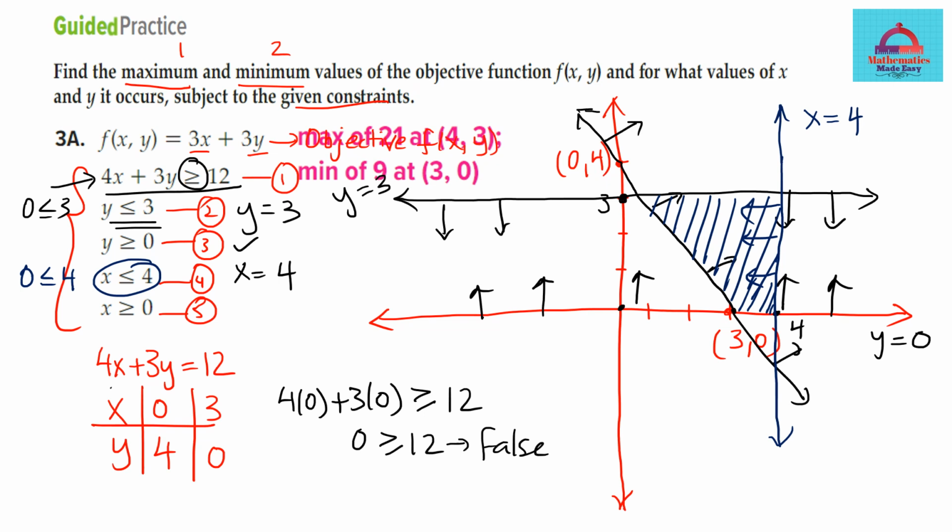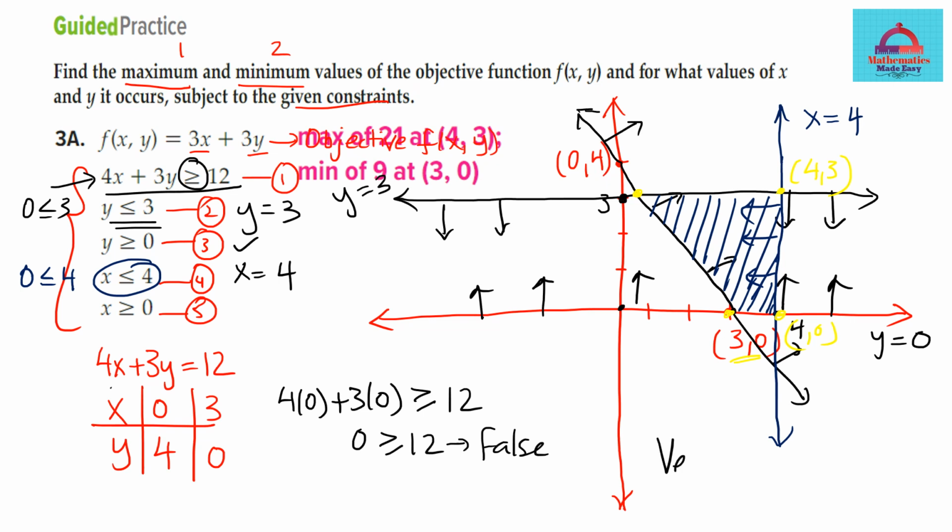Now I need the corner points, so maybe I just change the color. So this is one corner point, second corner point, third corner point, fourth. Now this we already know, this is 3 comma 0, this one is 4 comma 0. What about this point? Let's see. So x equal to 4, y equal to 3. So 4 comma 3, this point. So the only point we need is this point. So let's calculate this point also.